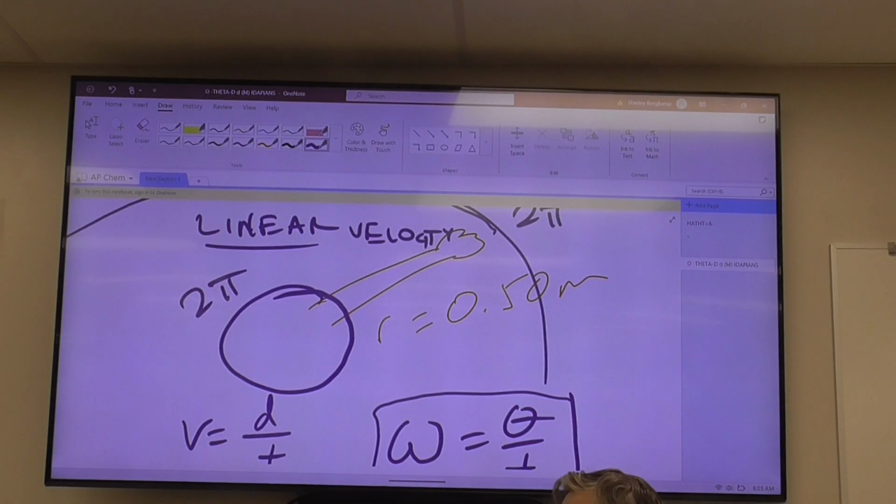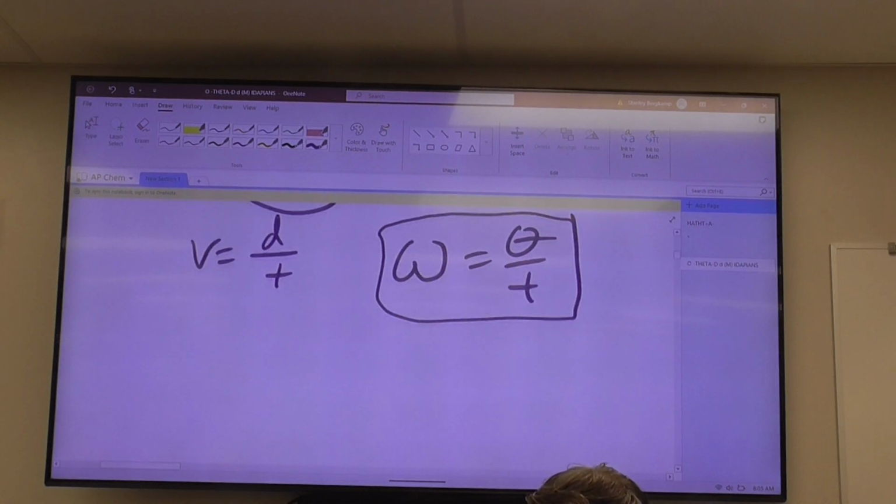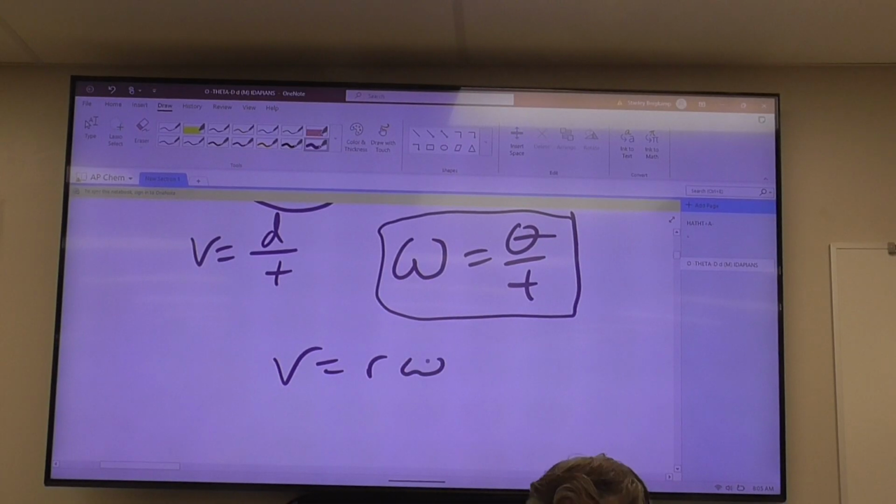So as this goes around, this would be like 0.1 meter per second. This might be 0.3, this might be 0.5. So if you look at this, because v equals r omega, that v is the linear velocity, sometimes it's called tangential velocity. Kind of depends upon the problem. But the point being is that radius is a factor in this calculation, but it's not in the omega calculation.